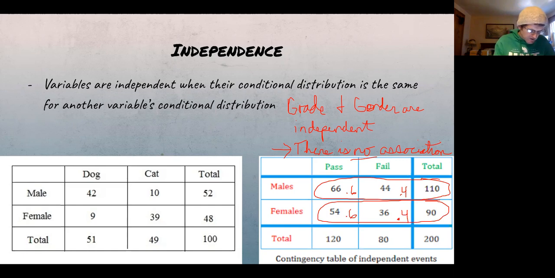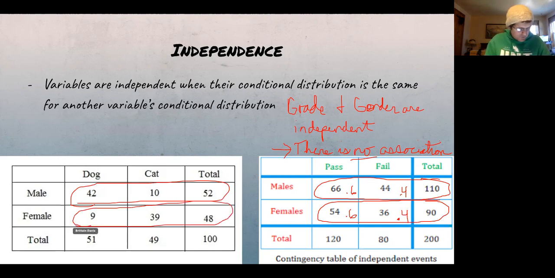In this one, just looking at it, there's an obvious difference between these. This is definitely made up data. There's no way there's this big of a difference. But if we look at gender again, we'll do a conditional distribution. Now we're looking at favorite animal.